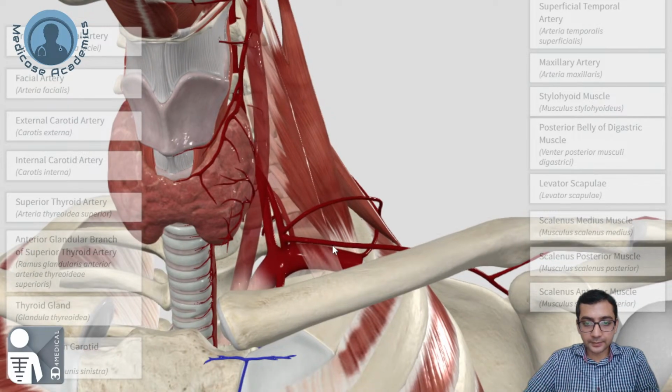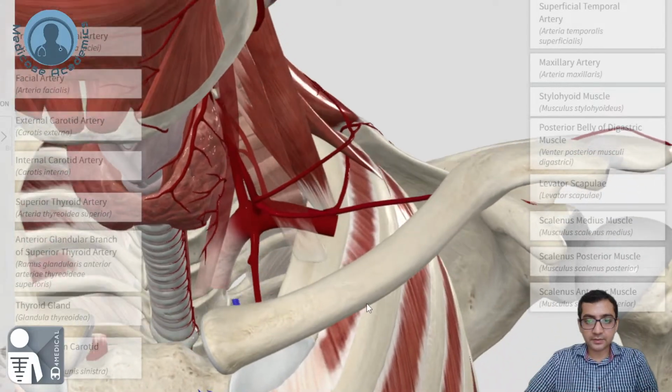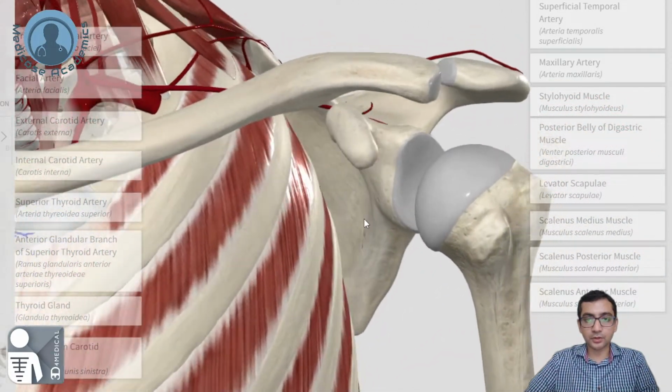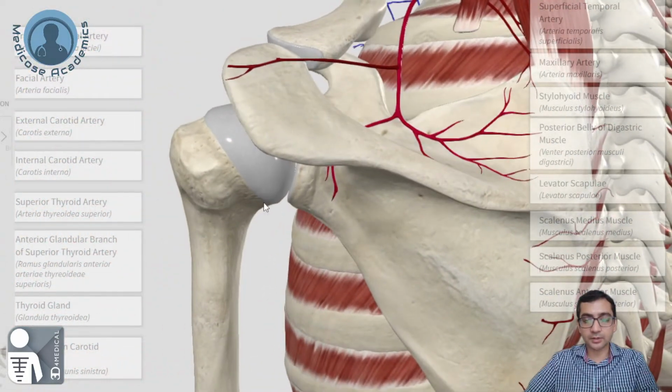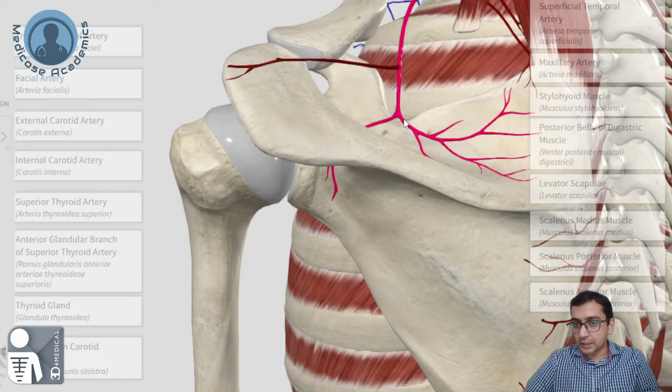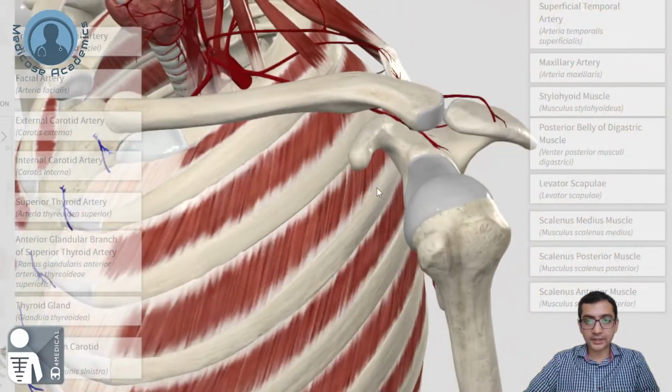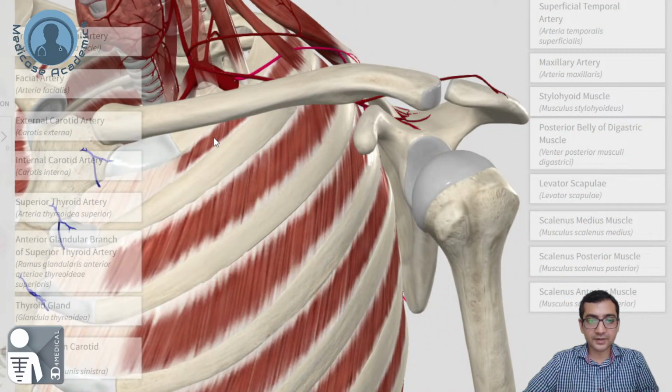Then there are two arteries. This is the one that goes to the top of the scapula. It goes here and moves just above the suprasternal notch. This is the one you read about in the anastomosis around the scapula. Then there is the transverse cervical artery.